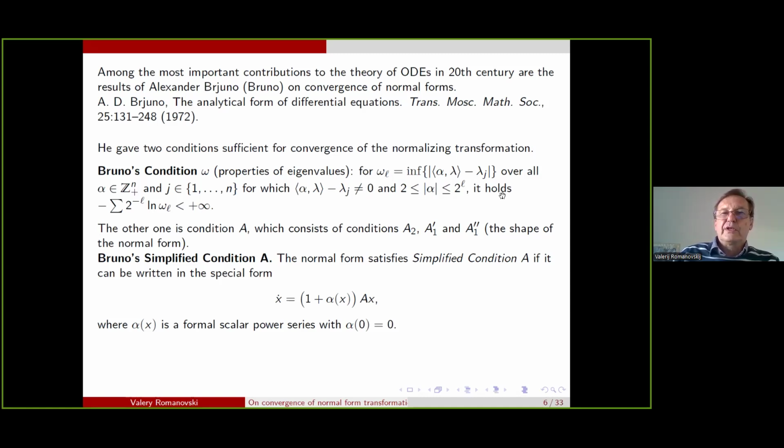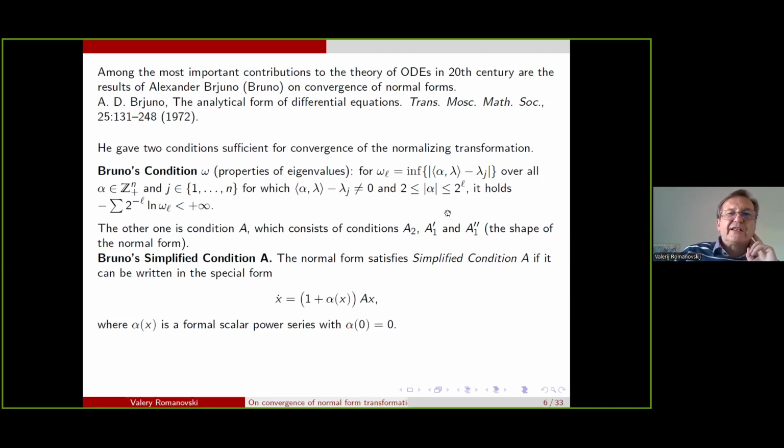So if this inequality holds for omega, we say that condition omega is satisfied. And the other condition is the so-called condition A, which in fact consists of three conditions, A1, A1 prime, and A2 and A2 prime. And this is a condition on the shape of the normal form.